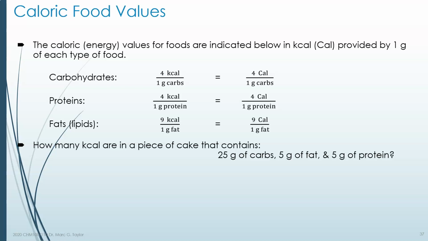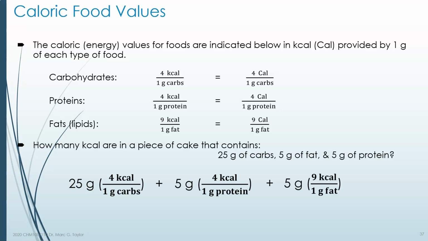So we set up our equation where we multiply each number by its corresponding conversion factor. So 25 grams of carbs times 4 kilocalories, or big C calories, per gram of carbs. 5 grams of protein times 4 kilocalories per gram of protein, and 5 grams of fat times 9 kilocalories, or big C calories, per gram of fat.